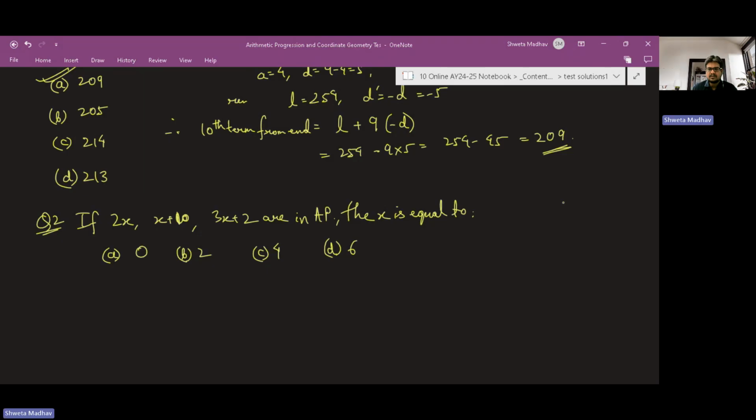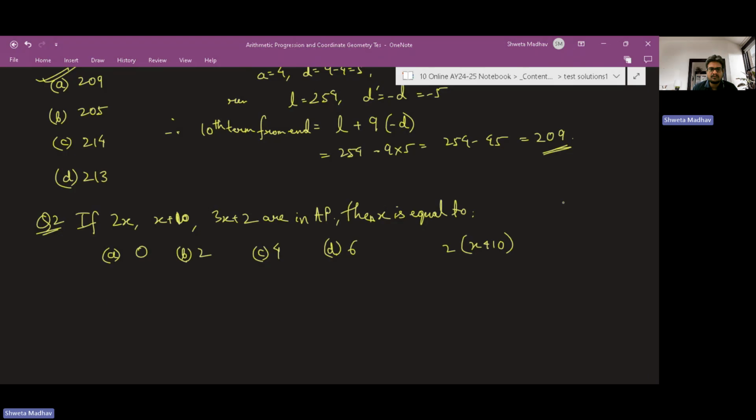So these three terms are in AP, then x is equal to, so here the twice of the middle term.